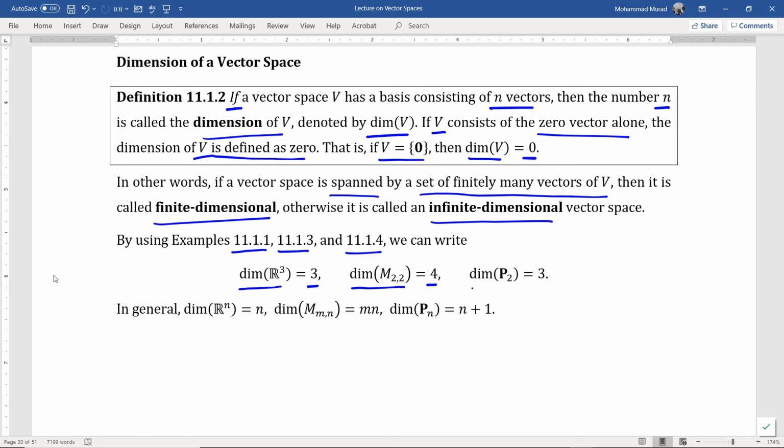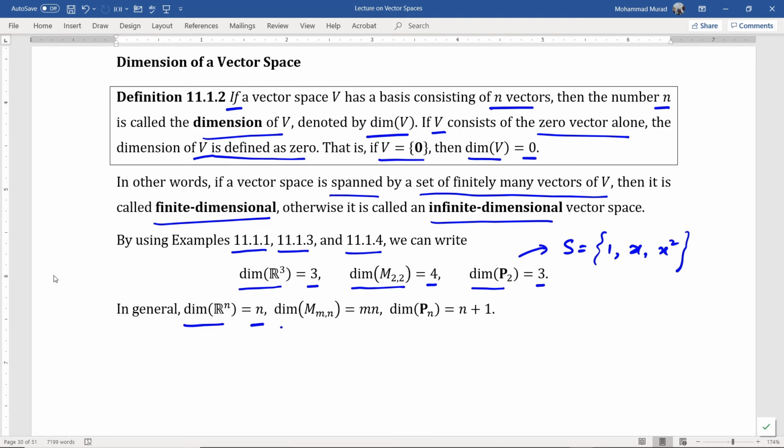The dimension of P sub 2 equals 3, since its standard basis contains 3 elements. In general, the dimension of the vector space Rn is n.